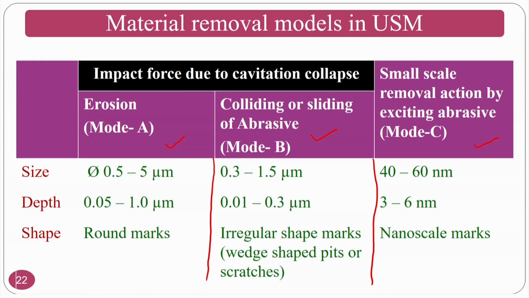It may touch during the reverse motion also. So, the kinetic energy gained by the abrasive particle, which is a part of the slurry, will be less, and since it is much harder compared to the workpiece material, it has its own impact, but the kinetic energy gained by that particular abrasive is less, because of which small scale removal will take place.